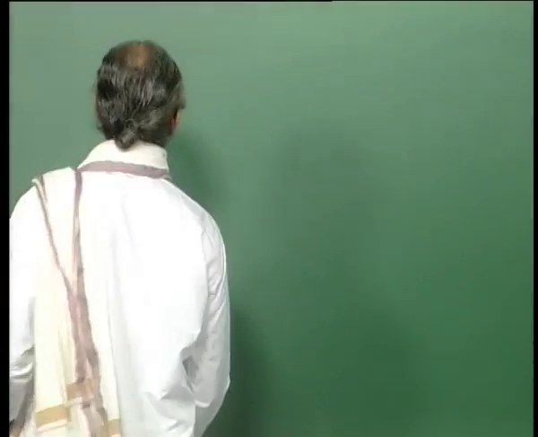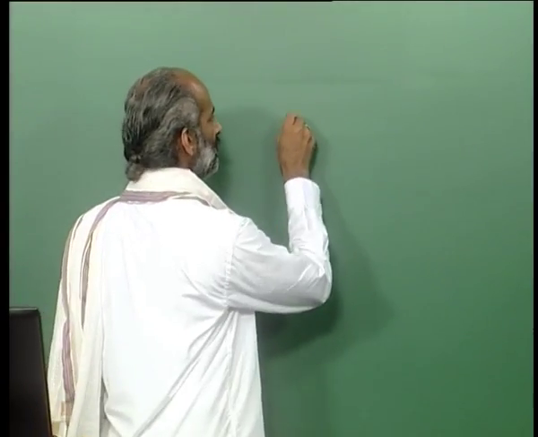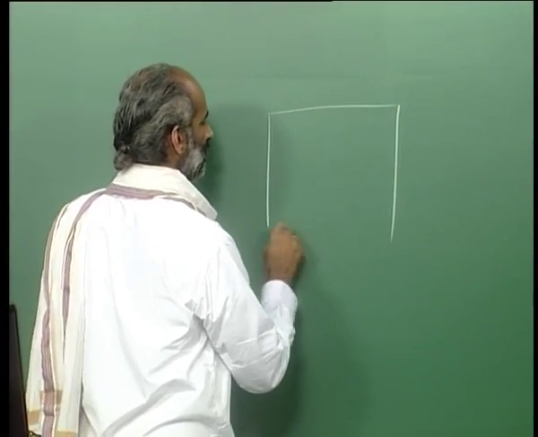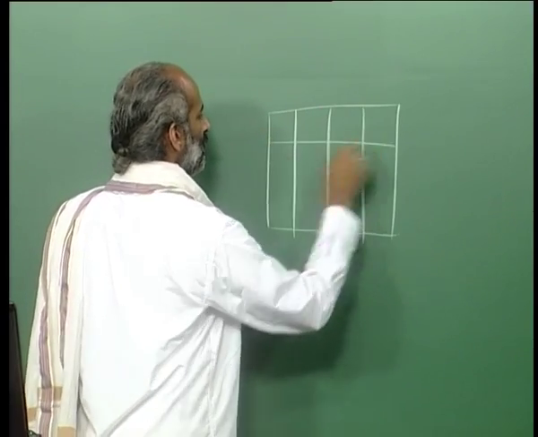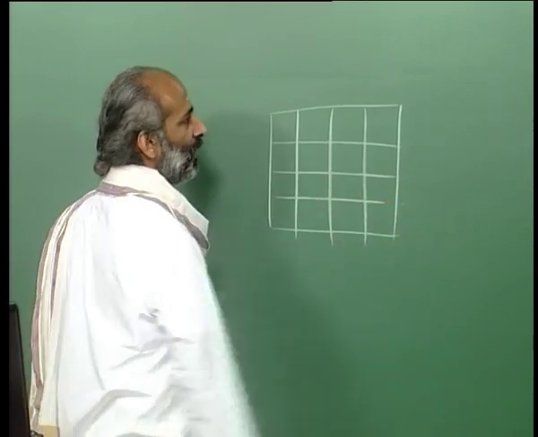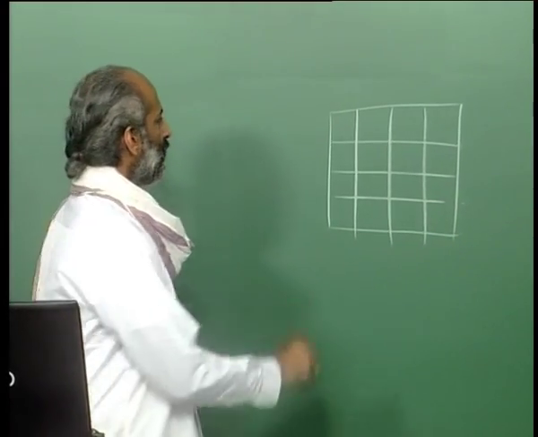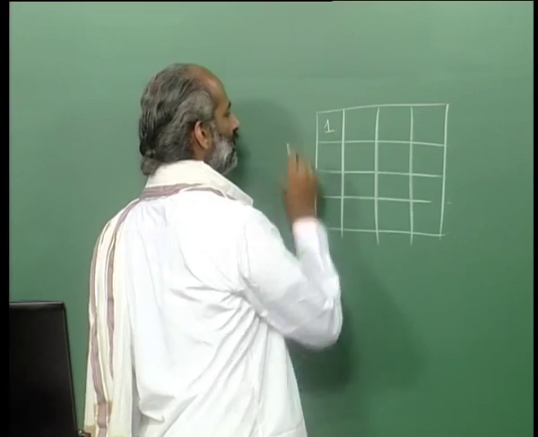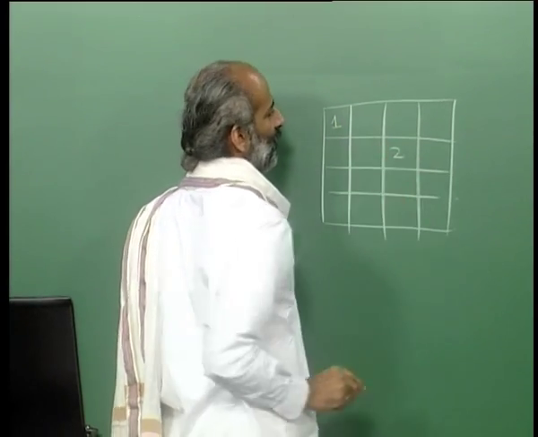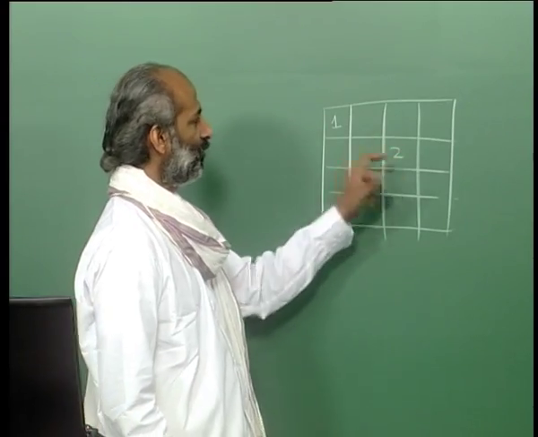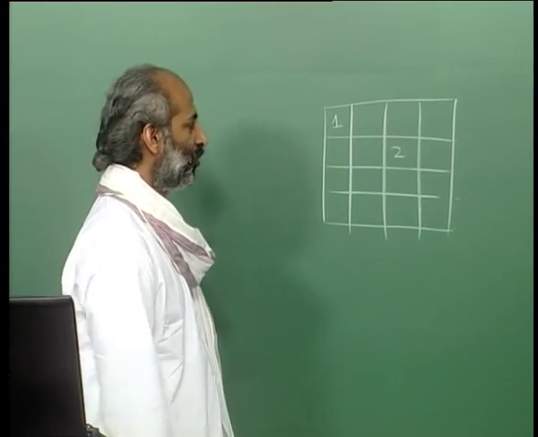So let us start with 1 here. This is Turaga, a horse movement, so we have to place 2 here.